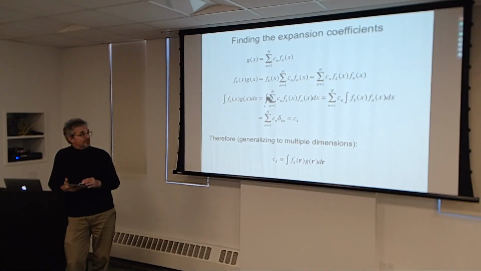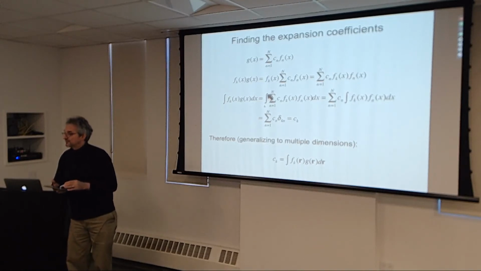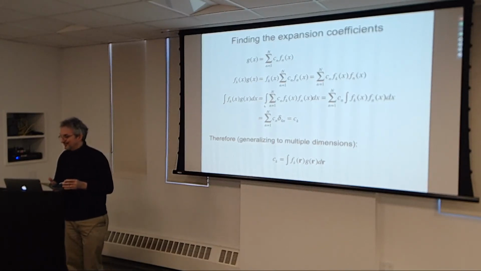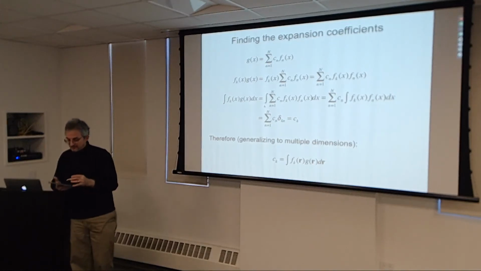And integration is just addition. When you first learned to integrate, you learned about Simpson's rule, where you divide the function up into a bunch of little rectangles and add up all the rectangles. So integration is just addition, and addition commutes with addition. So I can move the integral sign inside the summation.